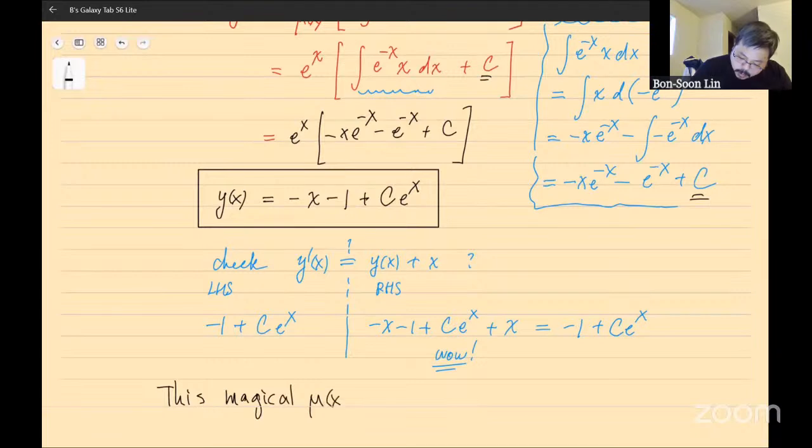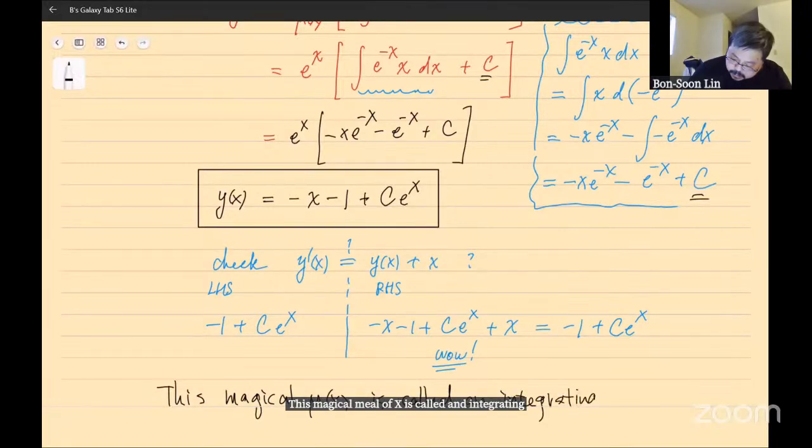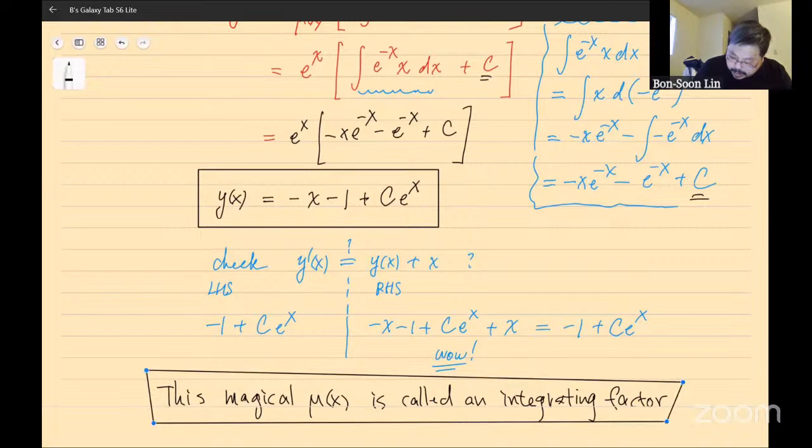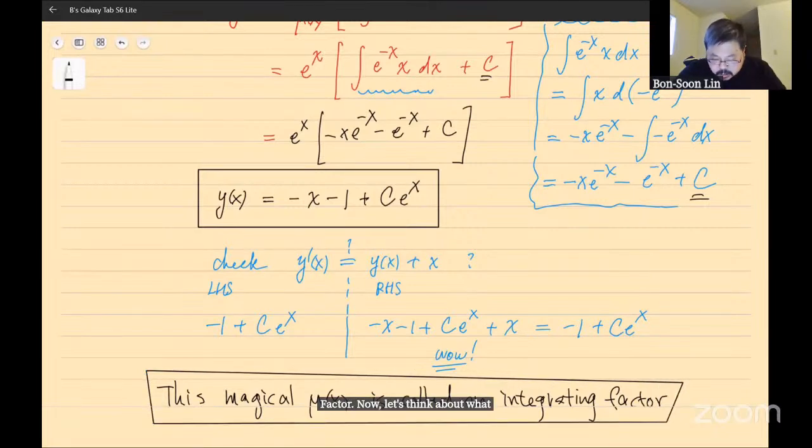This magical mu of x is called an integrating factor. Now, let's think about what was the role of this magical mu. Let me scroll back up a little bit.